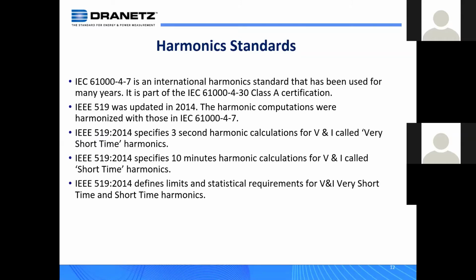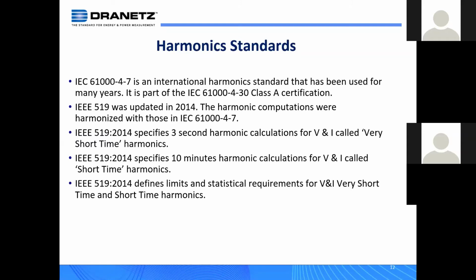So what the IEEE did is they said, okay, here's how you measure, but we're going to add a couple of parameters and our own compliance limits to what the IEC has done. The IEEE specifies 3-second harmonic calculations or measurements for voltage and current, called very short time harmonics, or VST if you put it that way.